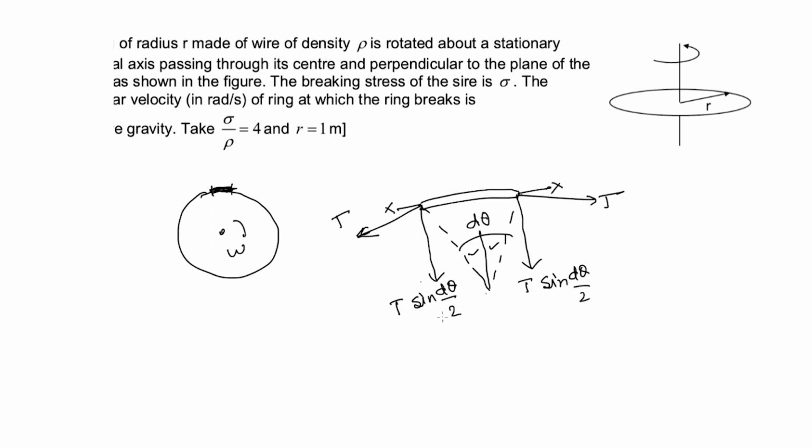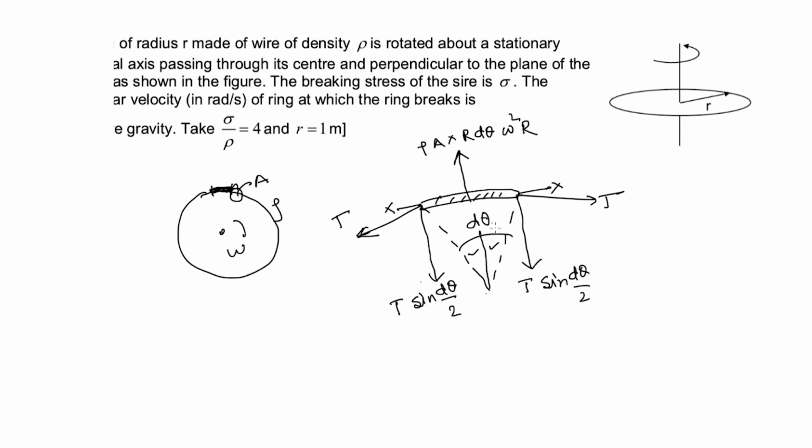So what are these parts actually balancing? These parts are balancing the centrifugal force. If I sit on the rotating frame, then there is a centrifugal force which is the mass into omega square into r. And now what is the mass of this part? If the cross section area of this wire is A and the density is rho, then mass is equal to rho into A into length r d theta, that is mass into omega square into r.